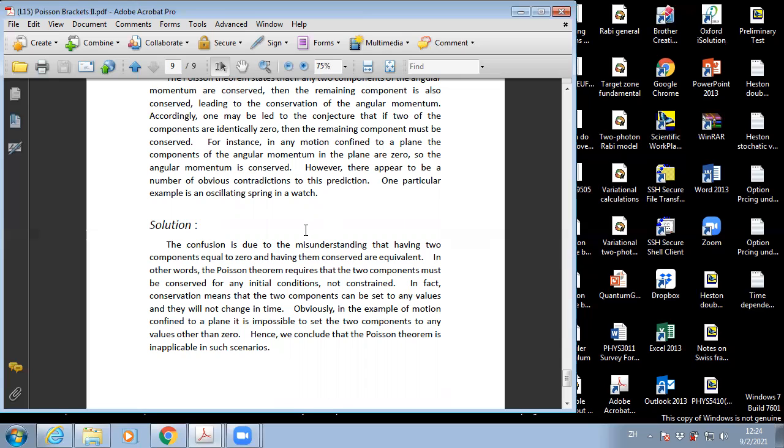They are not the same, all right? The Poisson theorem requires that the two components must be conserved for any initial conditions, not constrained, okay? Not just put them equal to 0 at the very beginning, all right? So this is the key point. Having two components equal to 0 is not the same as having them conserved, all right?